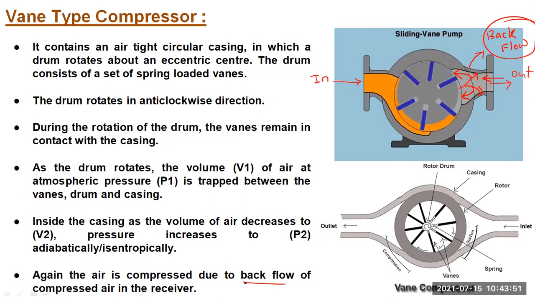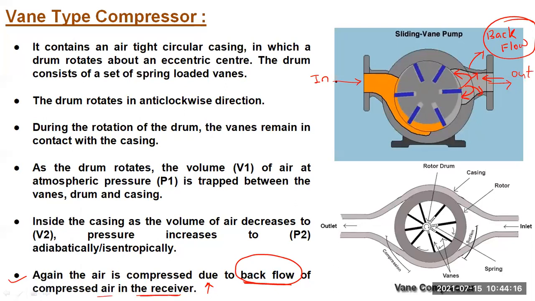So when the air comes back to the compressor, again it will be compressed inside this pump. So that's why again we have to do some work. That is the meaning of the last point: the air is compressed due to the backflow of compressed air in the receiver.